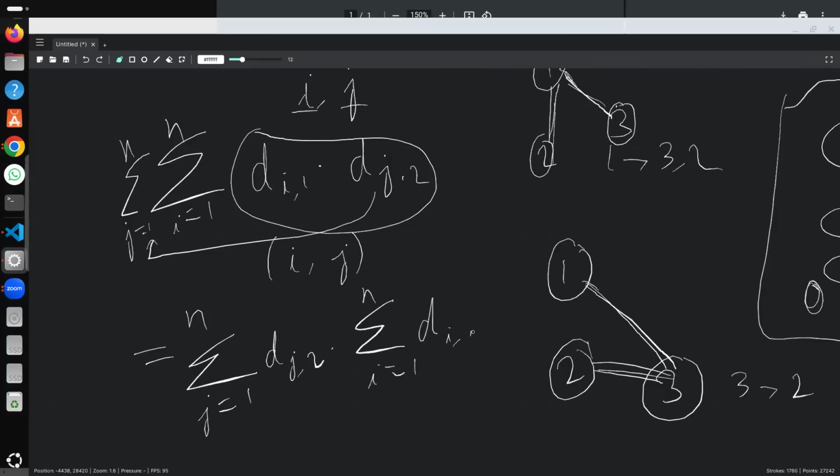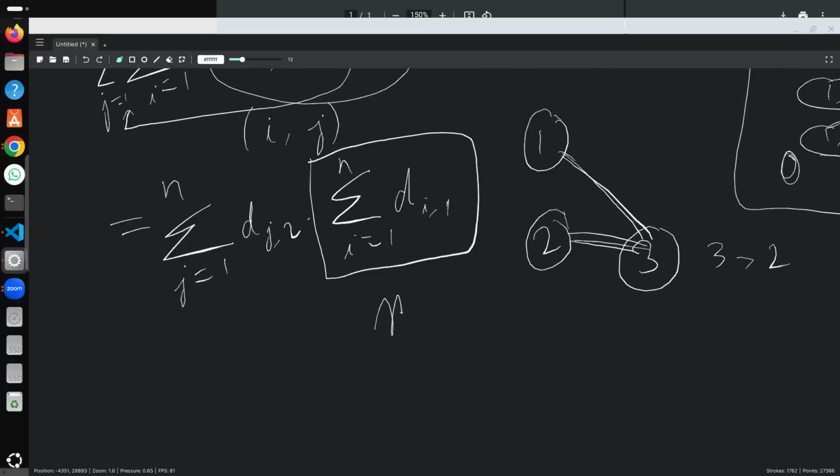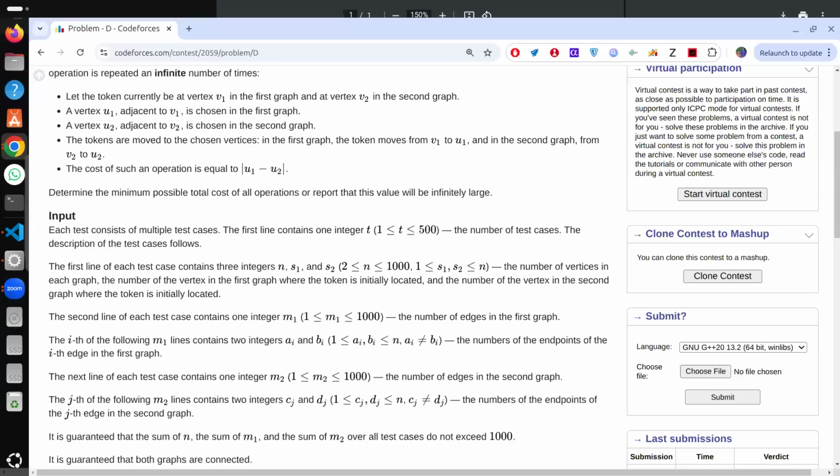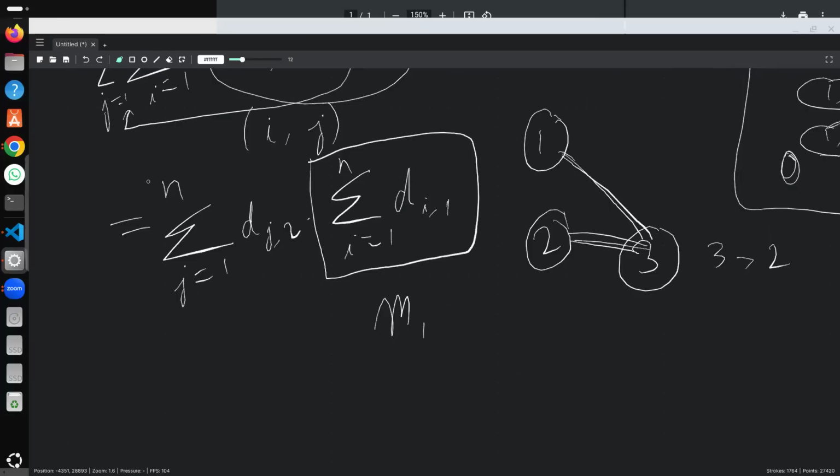The sum of degrees is just the number of edges. So this is equal to m1, the number of edges in graph 1, and this is equal to m2.